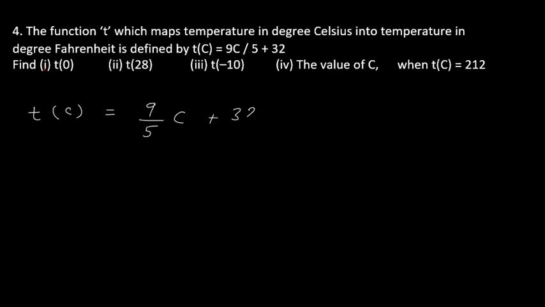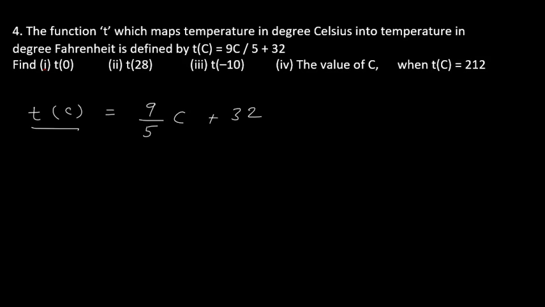So T(C) equals 9 upon 5 C plus 32. This T(C) is the temperature in Fahrenheit. Here C is in degrees Celsius, and this is how I can convert from Celsius to Fahrenheit.